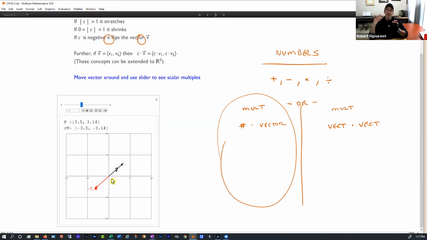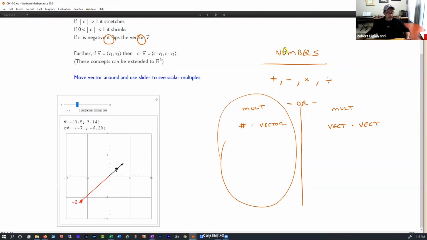It flips direction. It's the same length, but now the direction is opposite. And if I keep getting bigger negative numbers like -2, it's now twice as long, but in the opposite direction. So scalar multiplication stretches your vector out. You maintain the direction, unless the number is negative, then it flips it to the opposite direction.